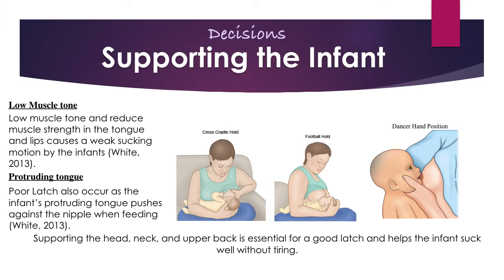These positions include the cross cradle hold, the football hold, and the dancer hand position. The dancer hand position is especially useful in supporting the muscles surrounding the chin and jaw. Initially placing a finger on the infant's tongue can also help move the tongue into position, keeping the infant's tongue down for an effective latch.